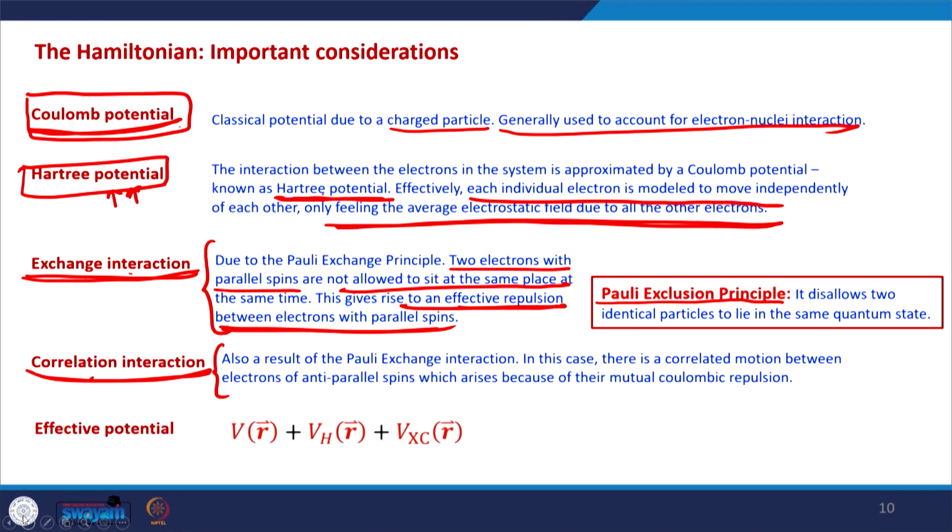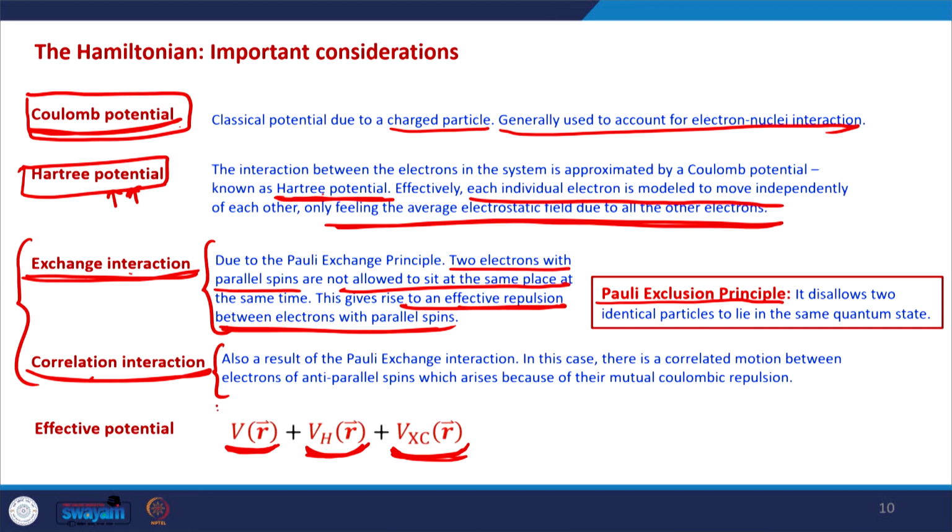So finally, the effective potential in a multi-electron system can be written as a sum of electron-nuclear interactions, the Hartree potential, and the exchange correlation term. X means exchange, C means correlation, so it accounts for both exchange and correlation.